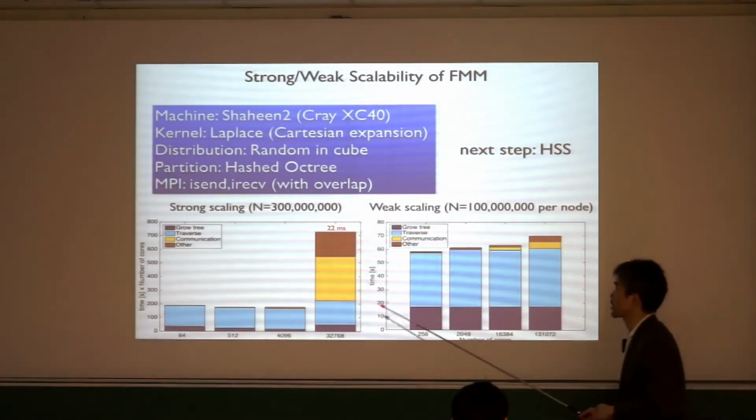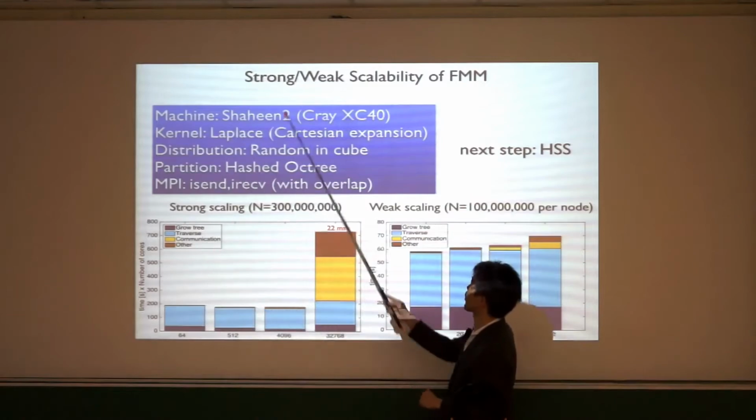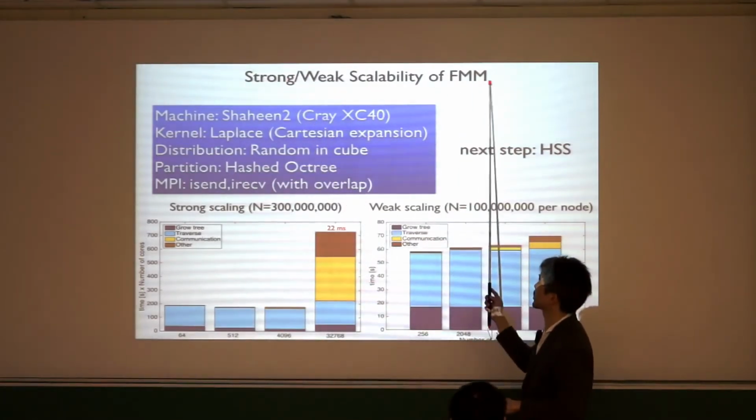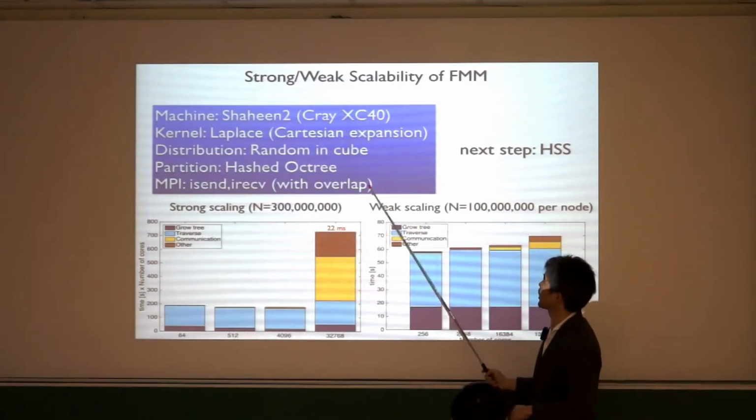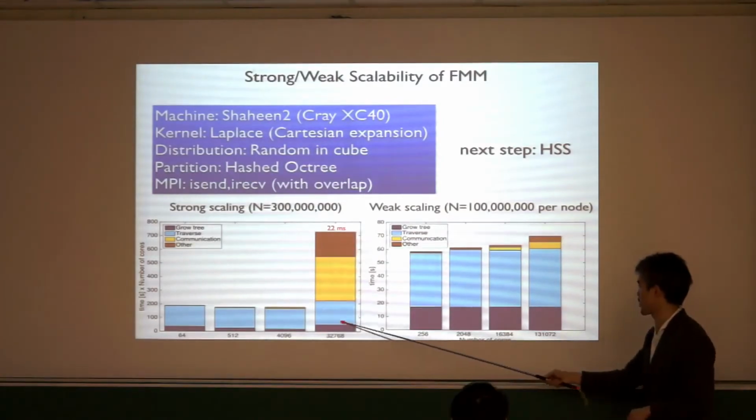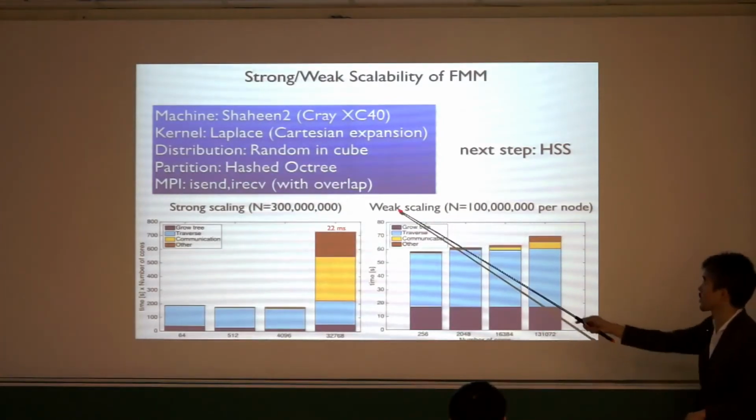And finally, this is the final performance you can get for strong and weak scalability of FMM on a Cray XC40 machine called Shaheen 2. And this is the number of cores it used. This one is the weak scaling test.